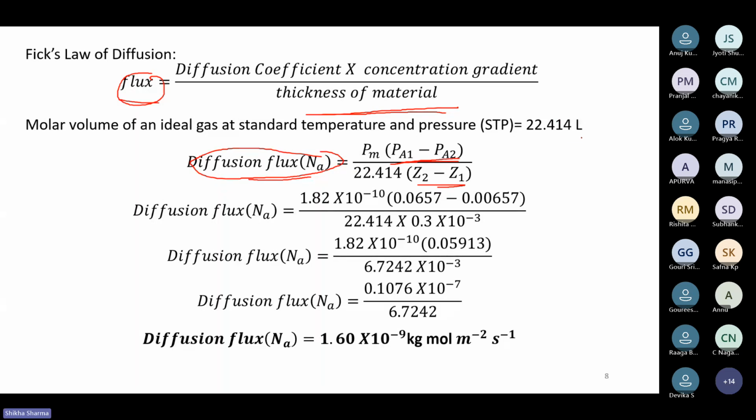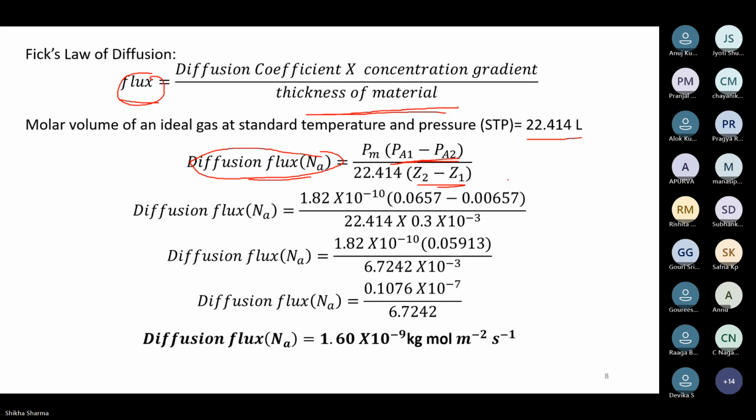Since we are using pressure and not the concentration term, we will divide with the molar volume to convert the pressure into volume.